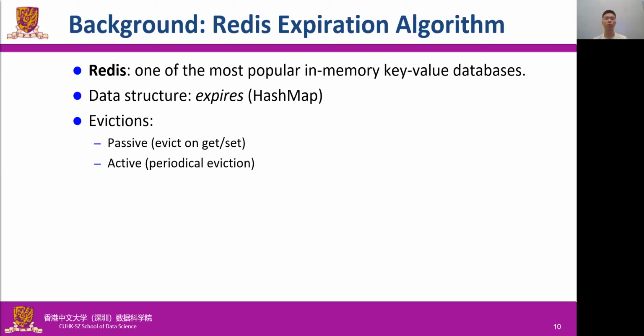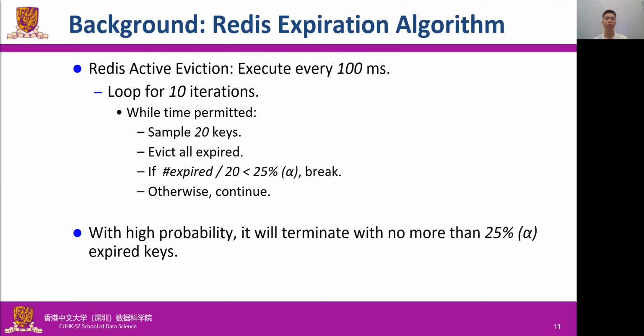Using expires, Redis has two evictions. A passive one, triggered when a get or set operation requires it to check the expiration time of a key, and an active one that will periodically scan and evict expired keys. For the active eviction, Redis will execute 10 iterations every 100 milliseconds.